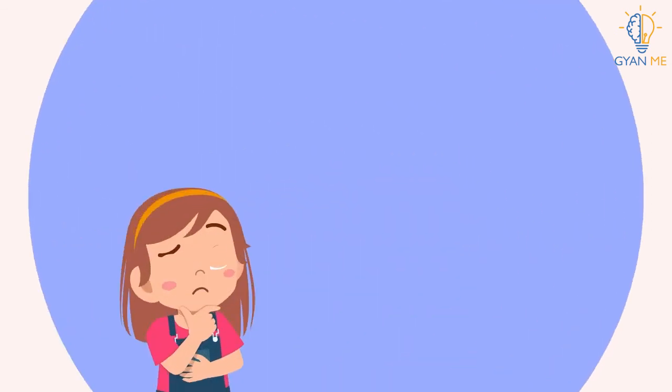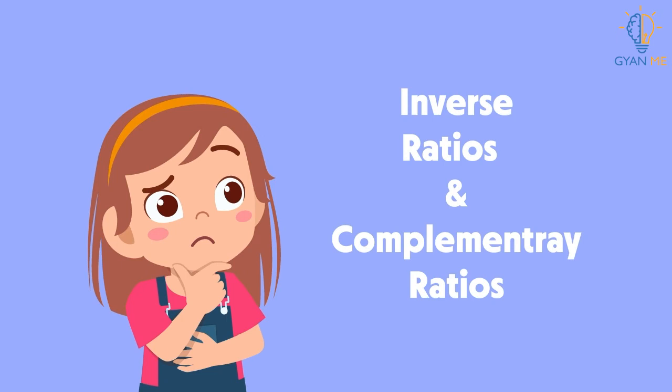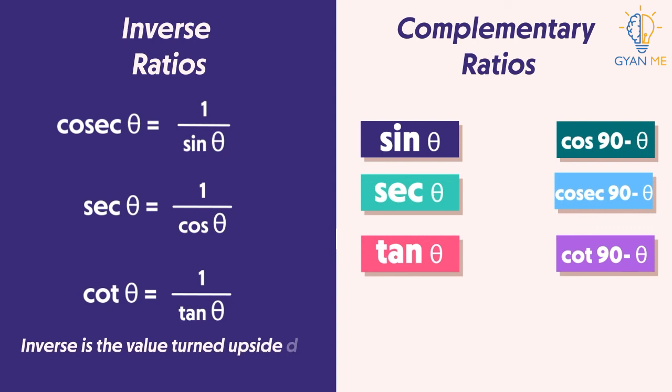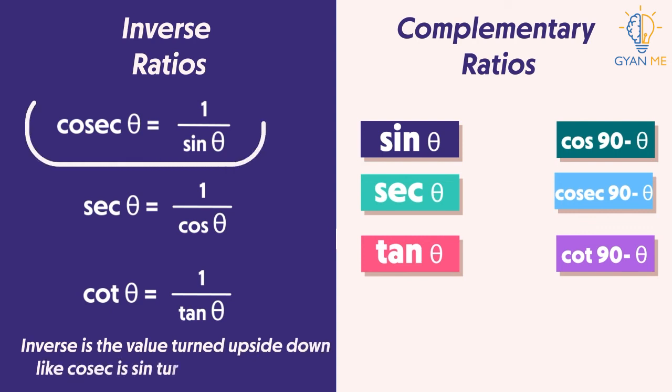Now sometimes you might get confused between inverse ratios and complementary ratios. Remember, they are not the same. They are different. Inverse ratio is the value turned upside down. Like cosec is sine turned upside down, that is 1 upon sine.